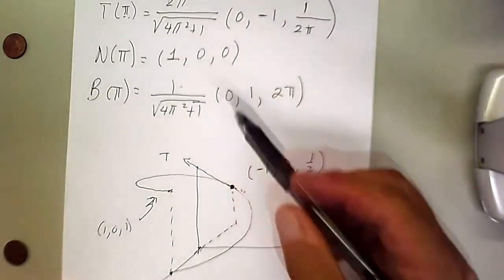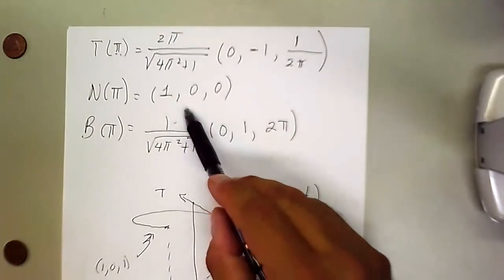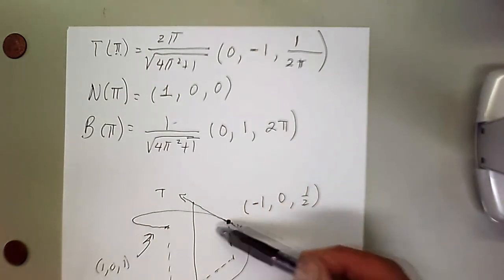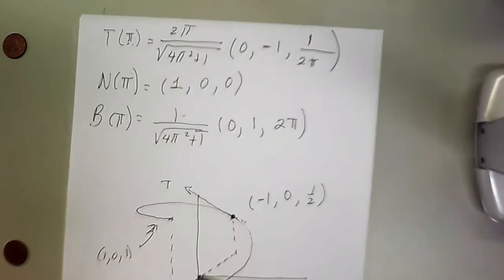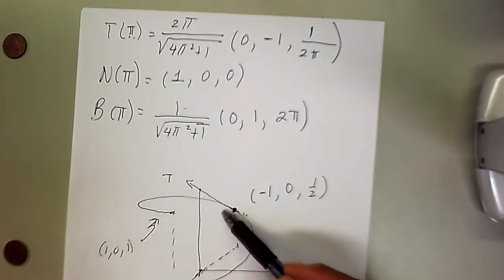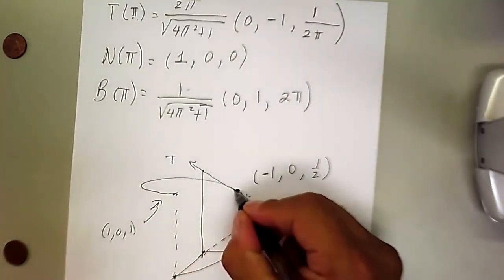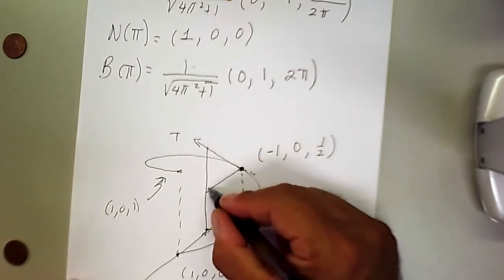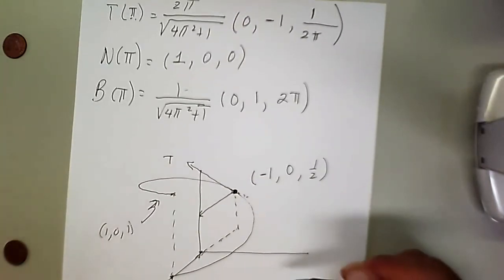The normal vector points towards the bending of the curve, the center of the bending of the curve. So 1, 0, 0 means this vector, but we position this vector starting from here. So the normal vector goes this way, and it points towards the center because from the top view, we have a circle.